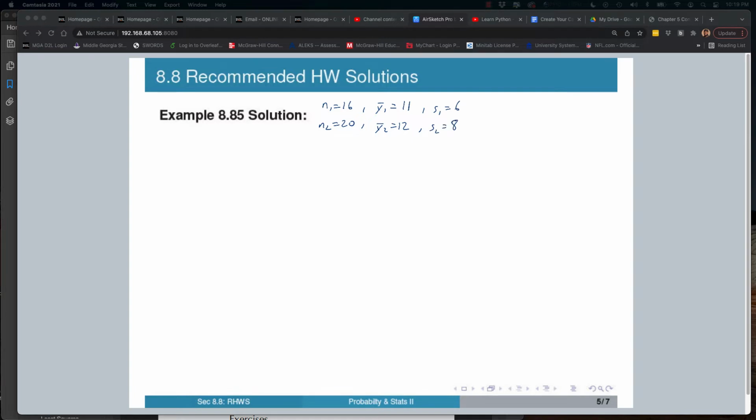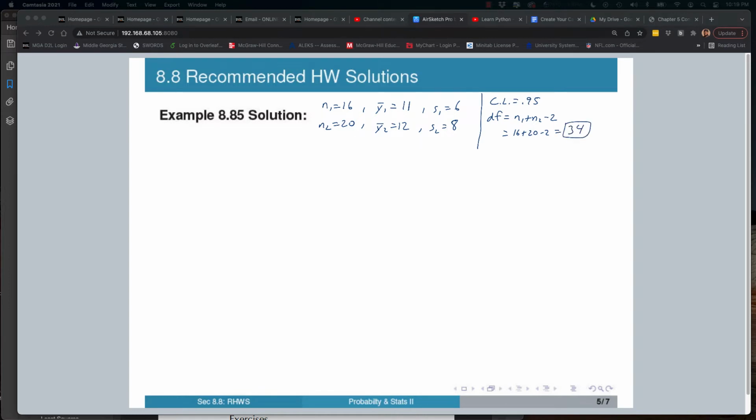All right. We also know that the confidence level they want is 0.95. So the degrees of freedom for this 2 sample test is going to be n sub 1 plus n sub 2 minus 2, which just equals 16 plus 20 minus 2, which should equal 34 degrees of freedom.